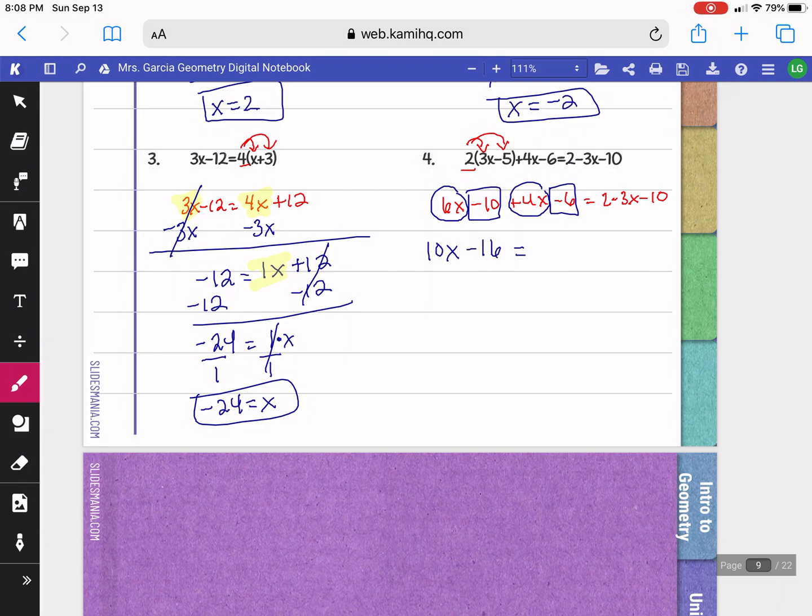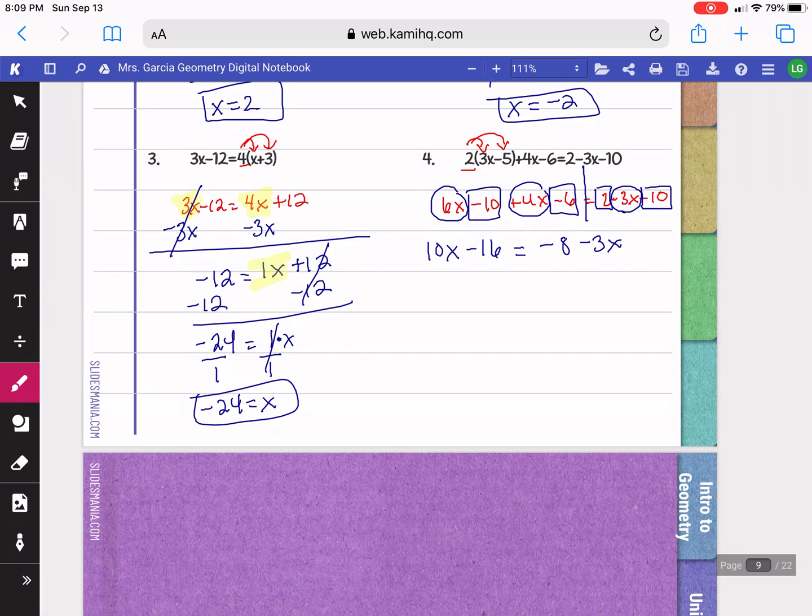So I'm combining like terms one side at a time. On the right side, I can combine 2 minus 10. 2 minus 10 is negative 8. And then the negative 3x stays the same because there was not a like term on that side. So again, when you're combining like terms, you look at each side separately.